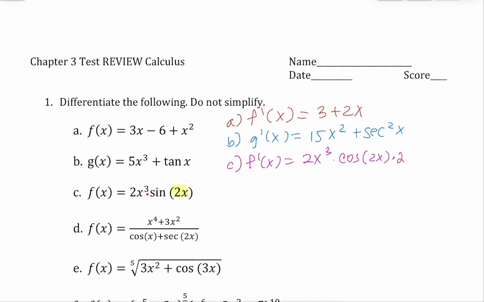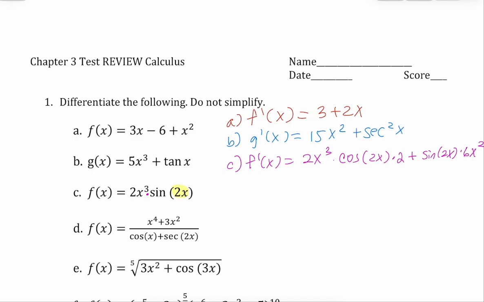So the stuff is 2x, the derivative of that is 2. So don't forget to tack on that 2 there, okay? Plus the second as is times the derivative of the first, which is just going to be 6x squared.